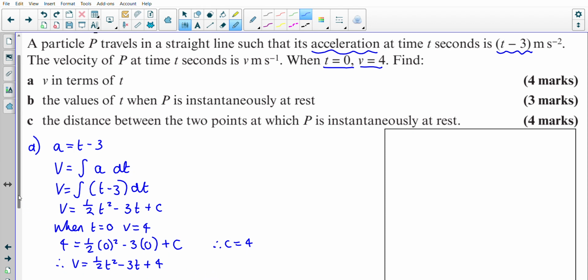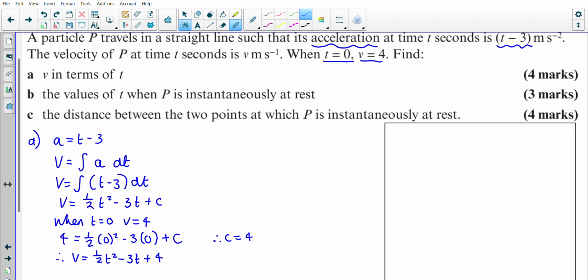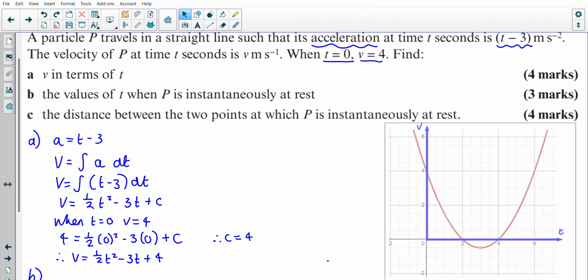Right, B, the values of t when P is instantaneously at rest. So I've got the actual graph for the velocity now.